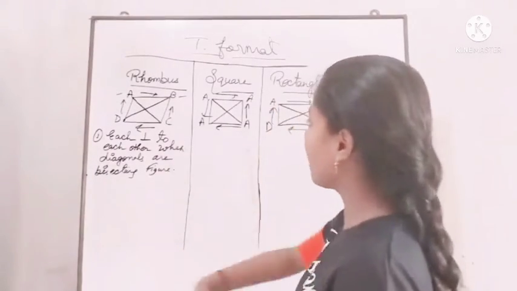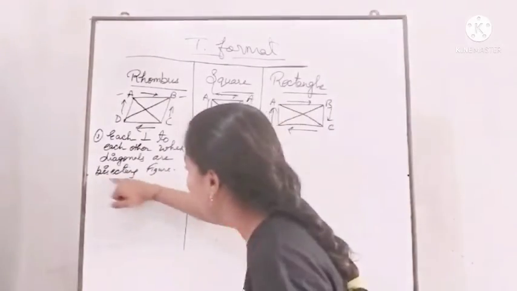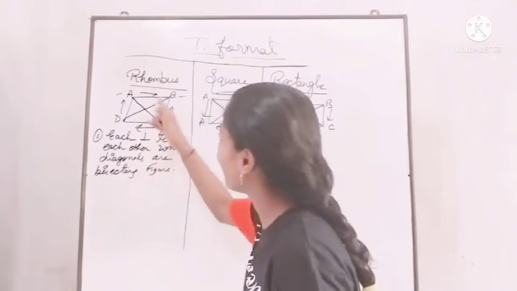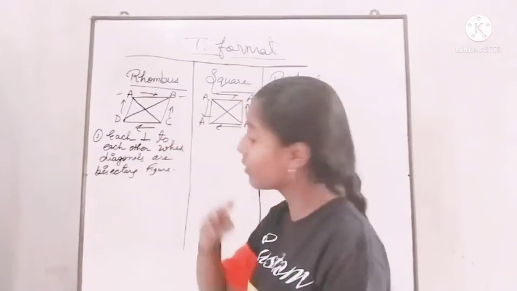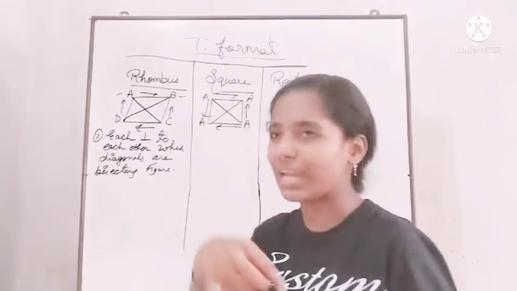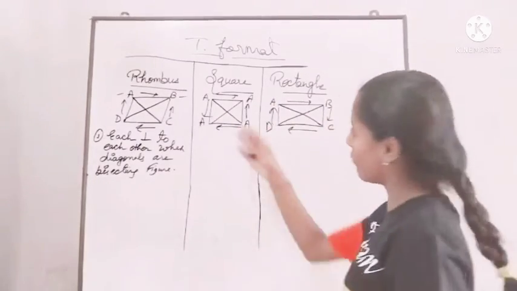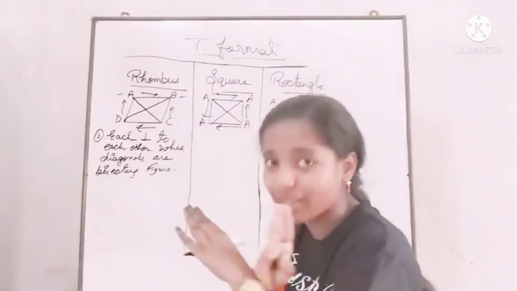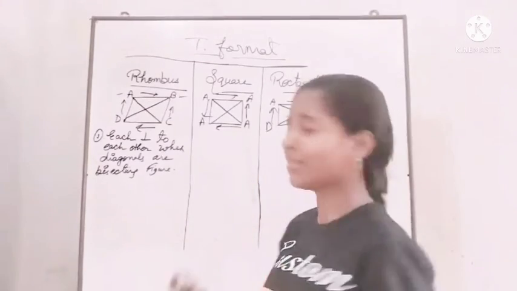Now, after the diagonals bisect the rhombus into two halves and give perpendiculars, what happens in the square? When the diagonals bisect the square, what happens? Let us see.